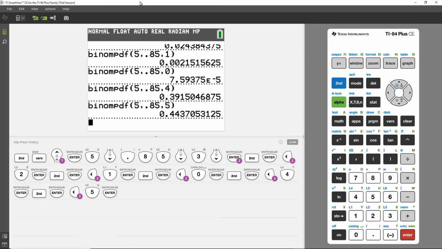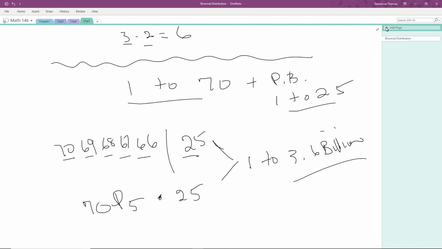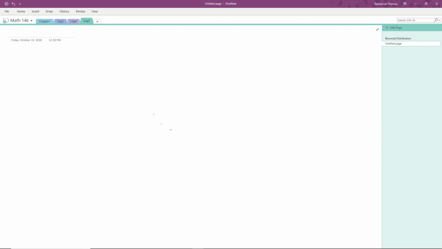So if I were to create a table, I'll demonstrate this really fast, and we'll add another page. So I'm going to have x's on here, and then the probability of x is on the other side. And for 0, let me see if I can look this value up again.